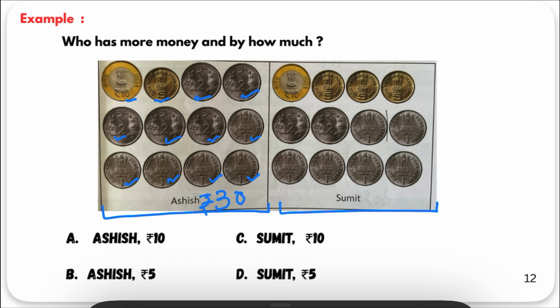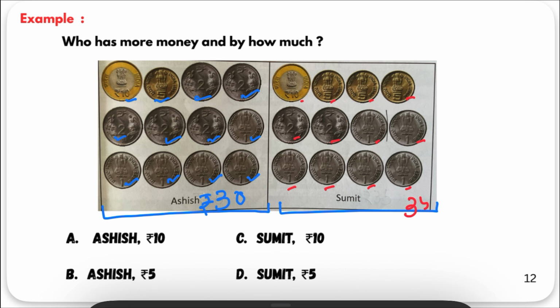Okay. Now let's find out how much total money Sumit has. 10 plus 5 is 15, plus 5 is 20, plus 5 is 25, plus 2 is 27, plus 2 is 29, plus 1 is 30, 31, 32, 33, 34, plus 1 is 35.